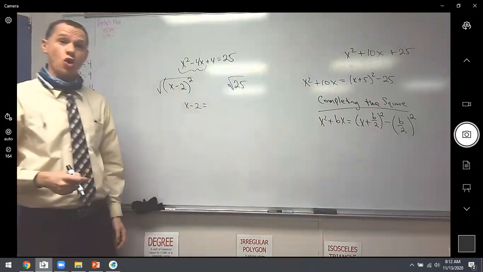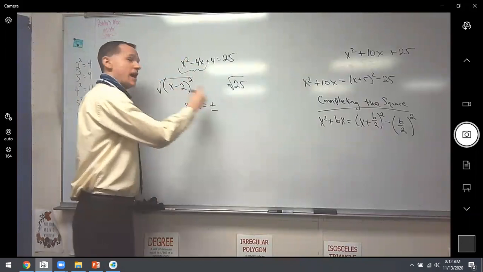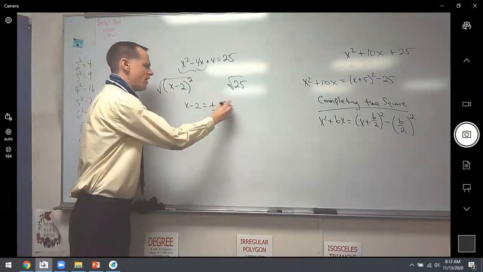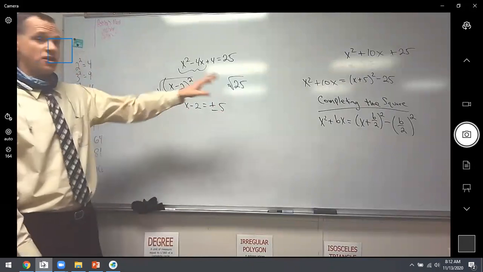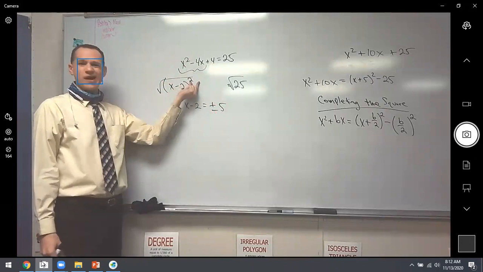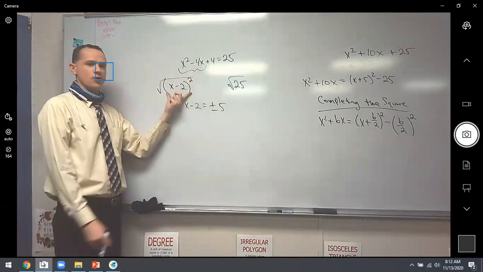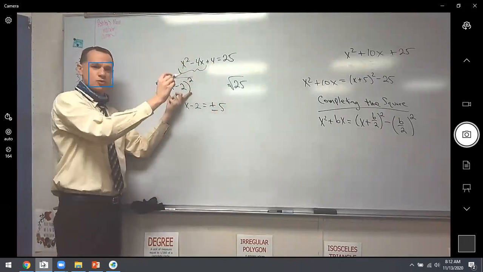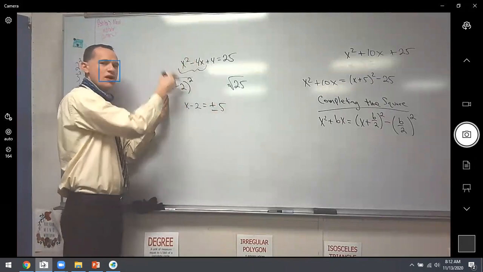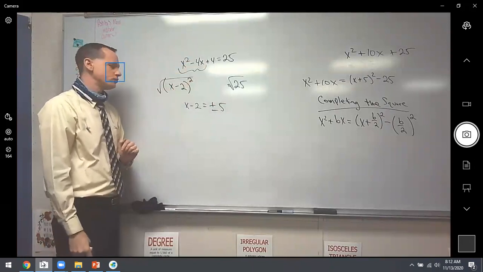So don't forget your plus or minus. And on this side, square root of 25 is just 5. This is why this completing the square thing works. Because if I can write this as something squared all by itself, then how do you undo it? Just take a square root. That's the point of this method right here. If you can write this as just one thing squared, then you can square root and solve it.